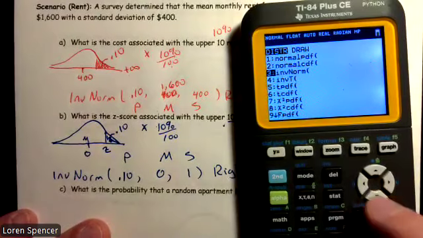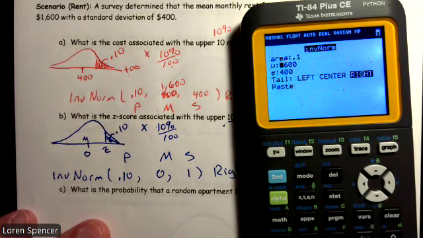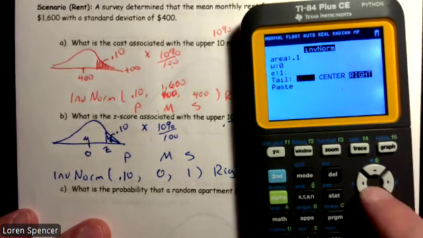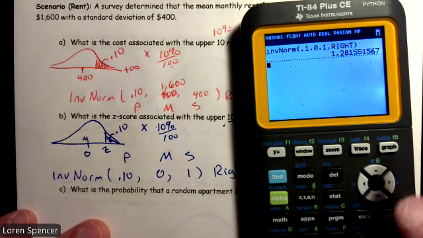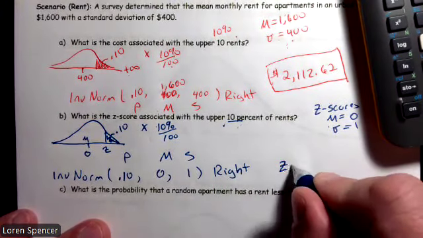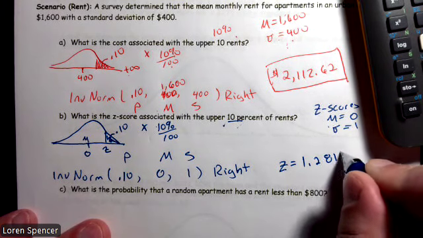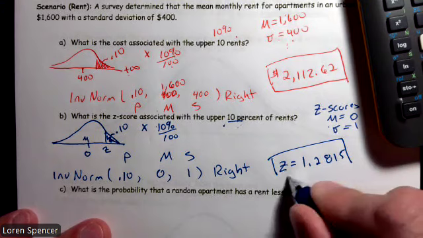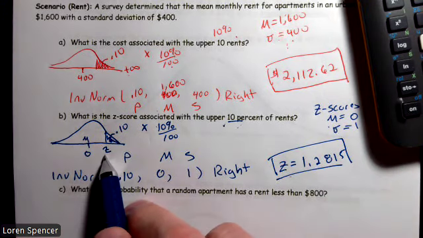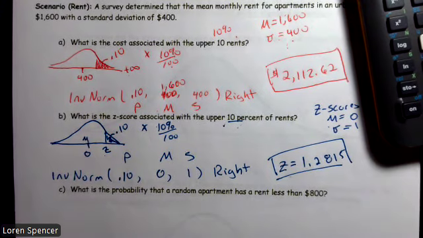Second vars, inverse norm, area 0.10, mean of 0, standard deviation of 1, shading from the right, and we end up getting 1.2815. So z equals 1.2815. And it makes sense that this would be a positive z-score because we're above our mean of 0. So if we're above 0, we should have a positive.